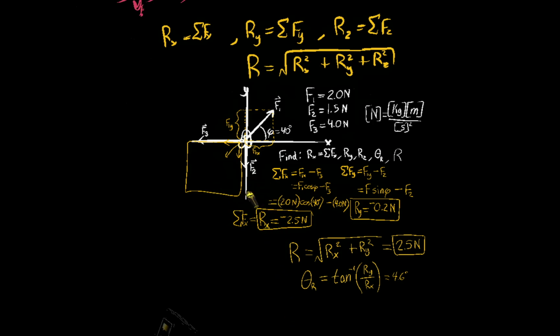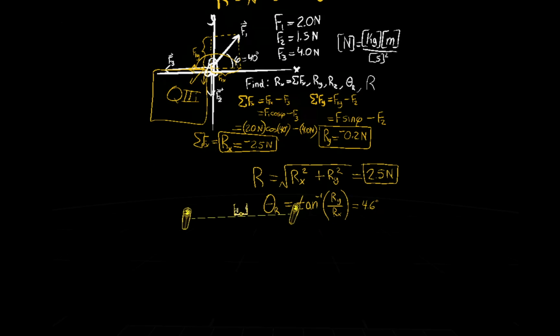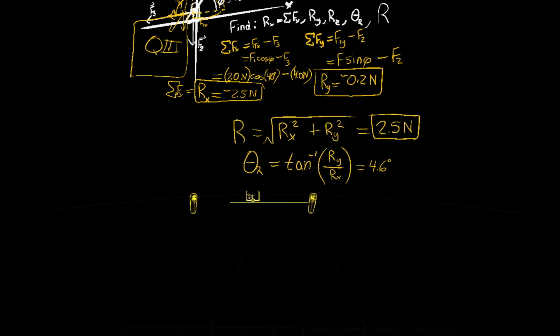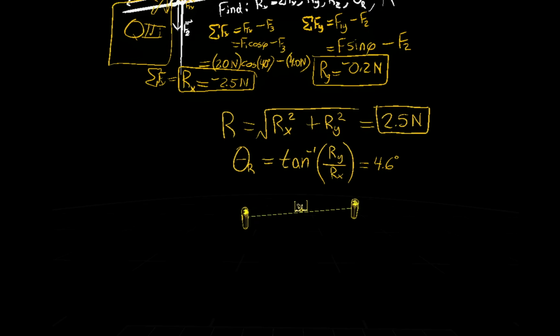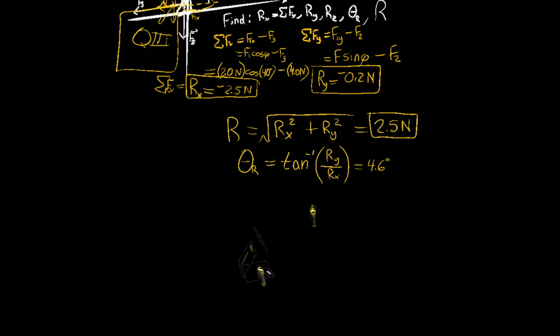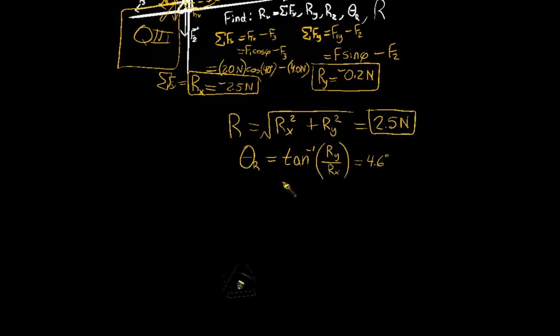So since we know that it's in quadrant 3 here, then we know to add 180 degrees to this, right? And so it would be 180 plus 4.6 to get it in the right quadrant. This is something you no doubt remember from your trig class, that the calculator doesn't always spit out the right number. You have to think about what quadrant you're working with.